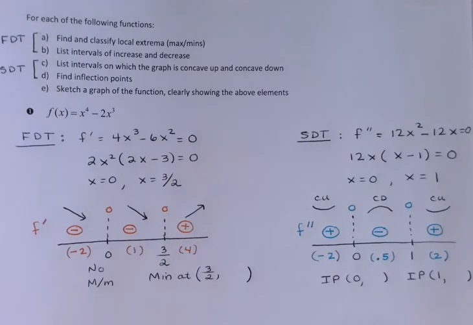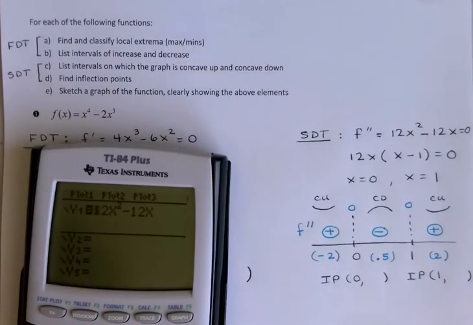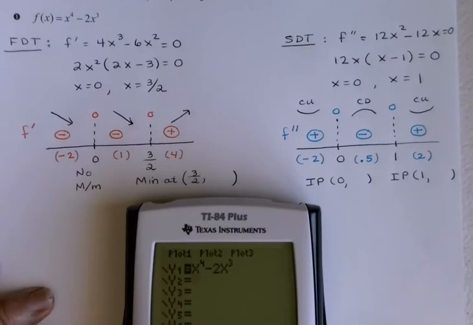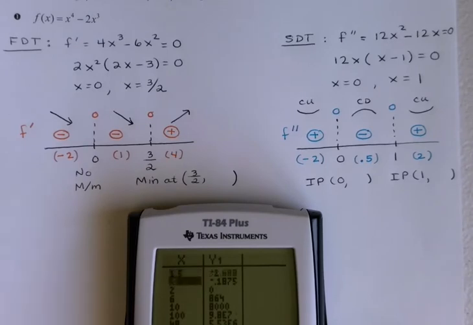All right, so we've pretty much located all the important points on the graph. I'm going to go ahead and put my original function in my y equals now so I can get all the y values that I wanted. And let's see. We needed the y value for this minimum, which was at x equals 3/2 or 1.5.